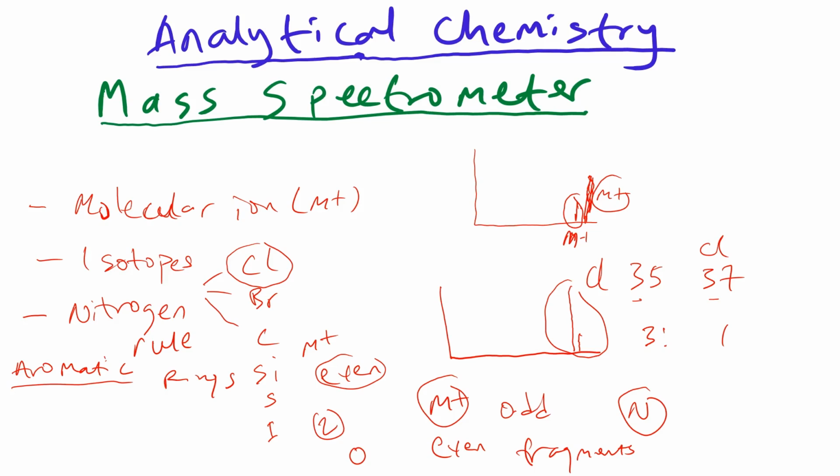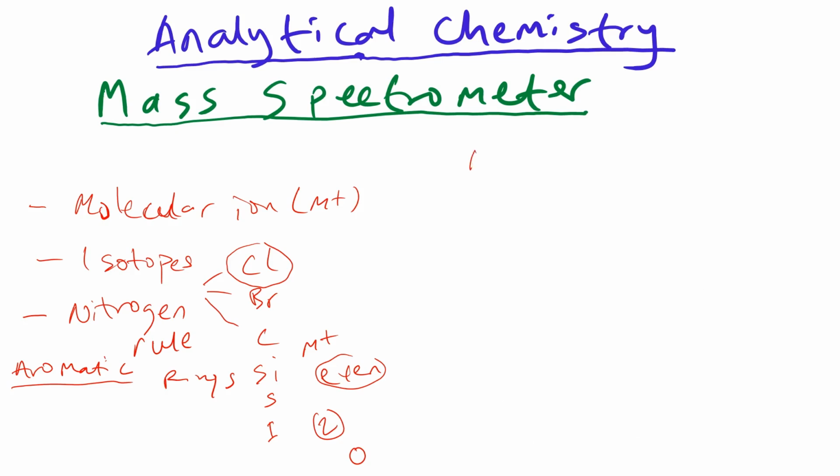Also, they usually have a peak at 77. That is because of the benzene, right? So they usually have peaks at 77. Now that's for aromatic compounds. Now also let's look at alcohols.